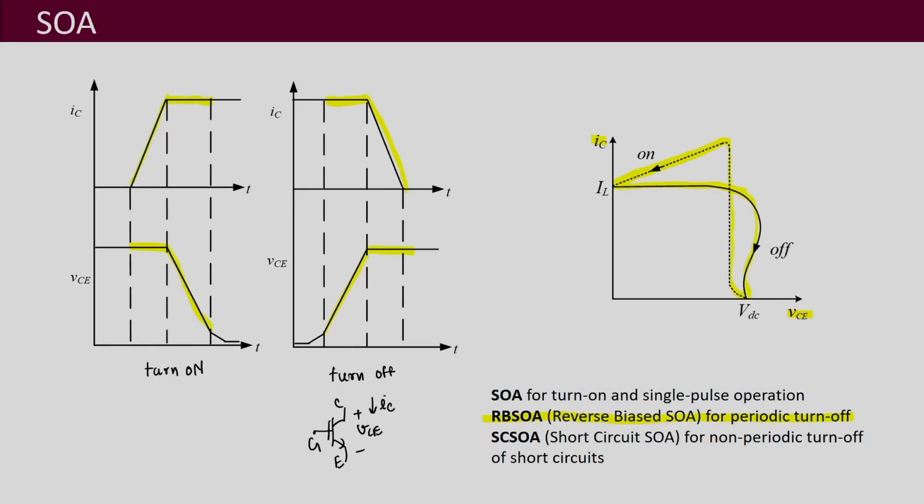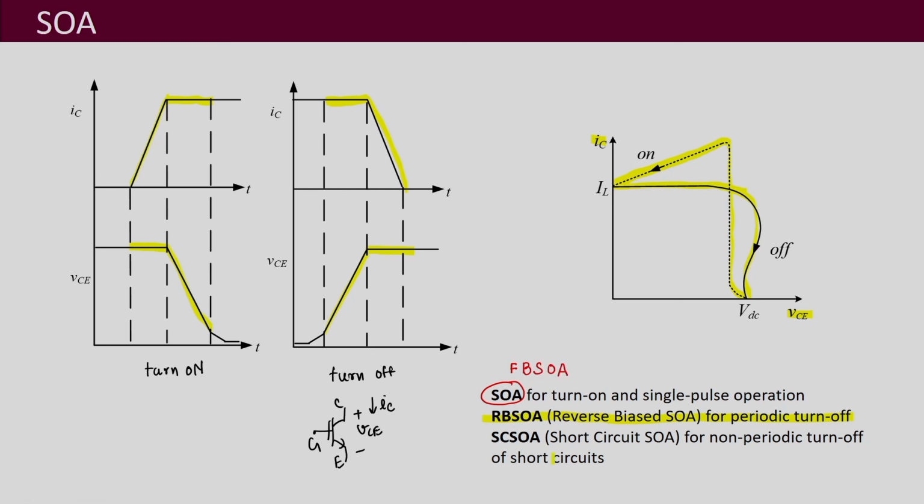So, there are different limits during that. To distinguish this from the SOA for normal operation, that is also sometimes called the forward biased SOA, FBSOA.